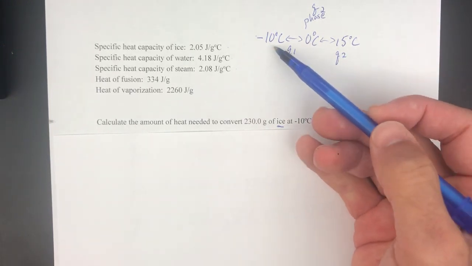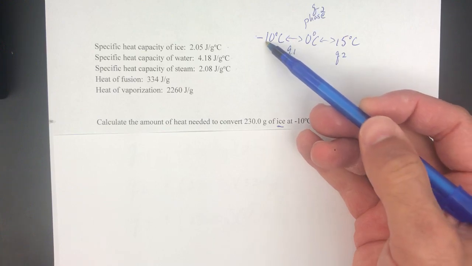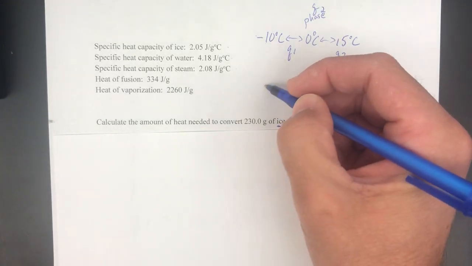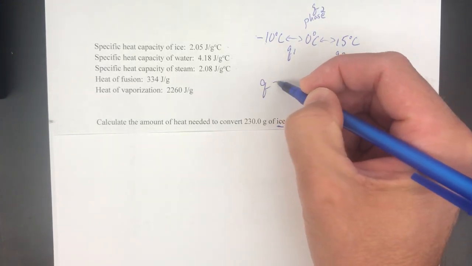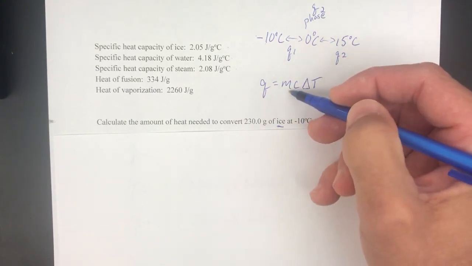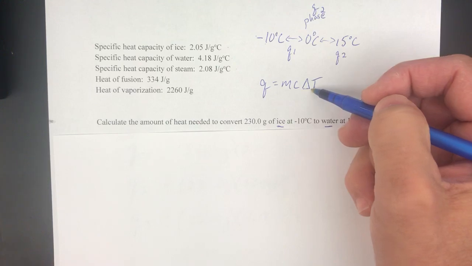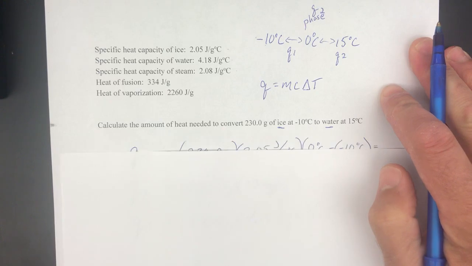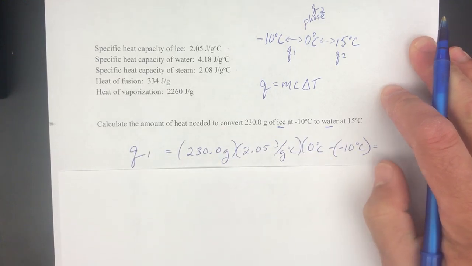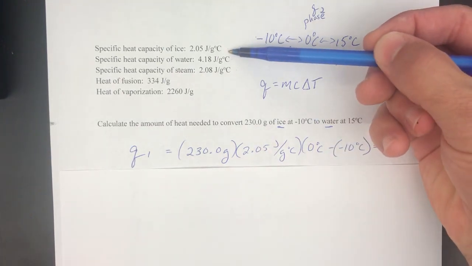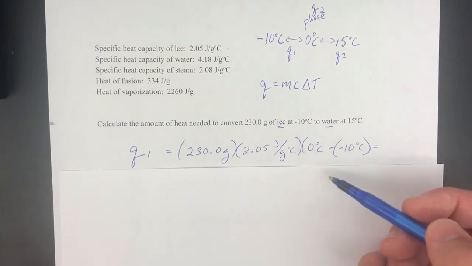Starting with Q1, the temperature change between negative 10 and 0 degrees Celsius. Anytime you're dealing with a temperature change, the expression you use is Q equals MC delta T, where M is your mass, C is your specific heat capacity, and delta T is T final minus T initial. For Q1, we have 230 grams times 2.05 joules per gram degree Celsius, the heat capacity of ice, times our temperature change.